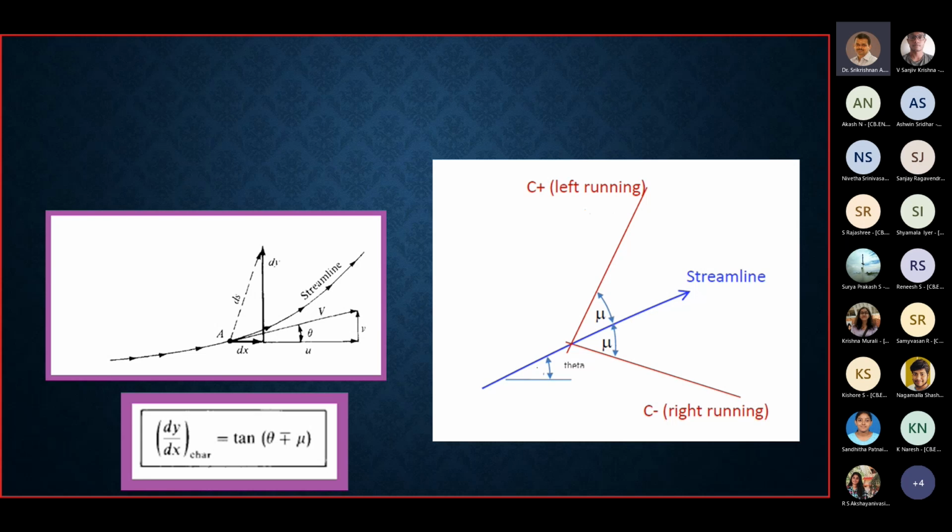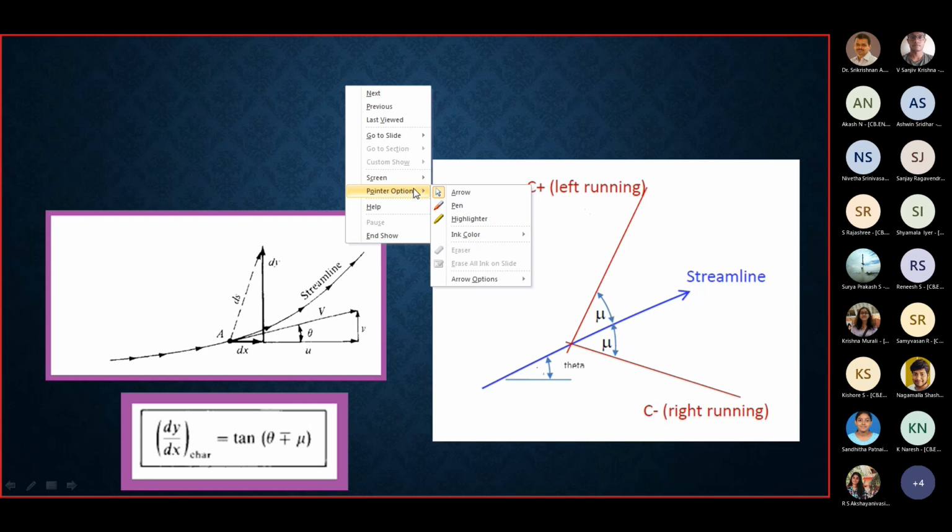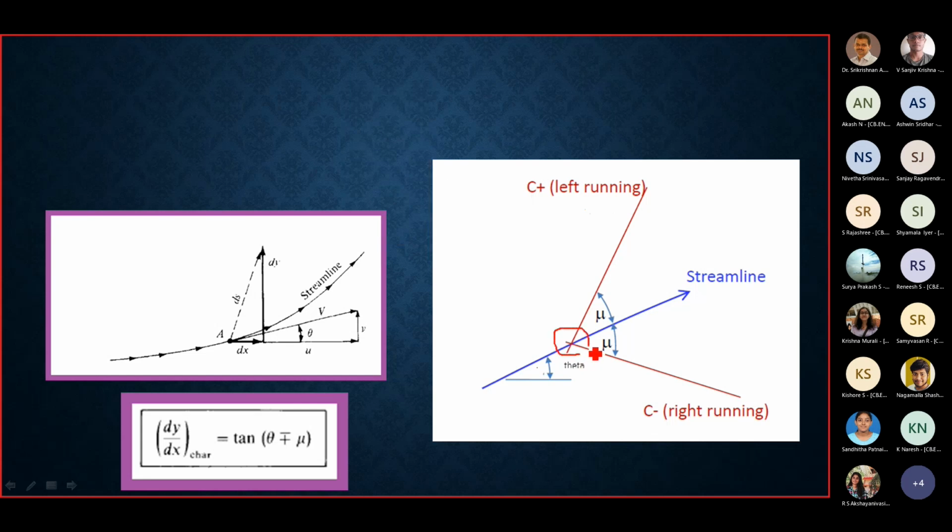If you look at the figure shown here, at a given point you have two straight lines crossing through it. You have a streamline which characterizes the flow direction. In addition to that, you have a left running characteristic and a right running characteristic.